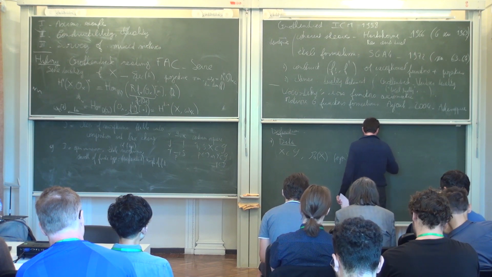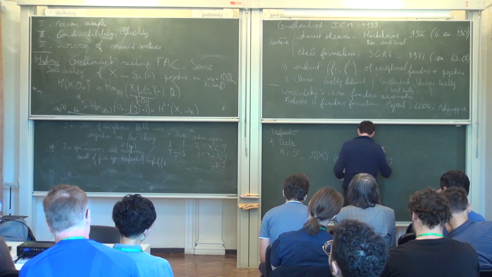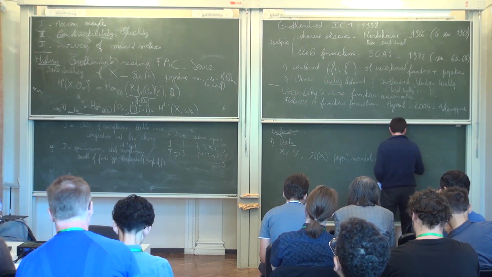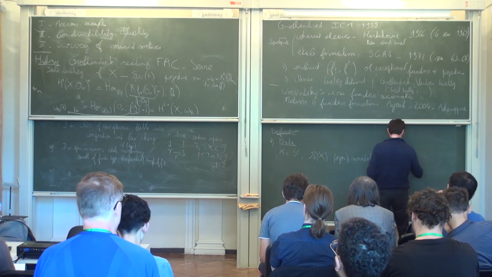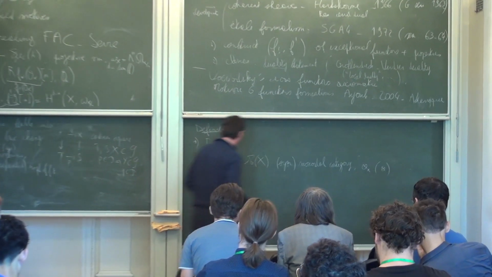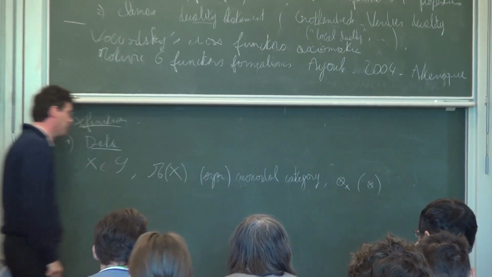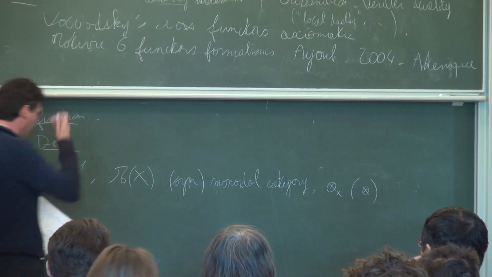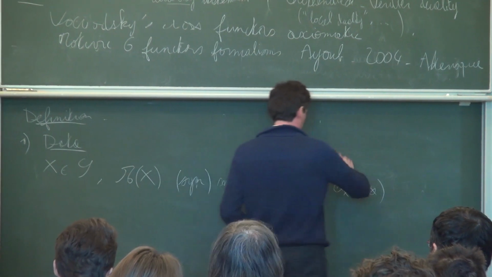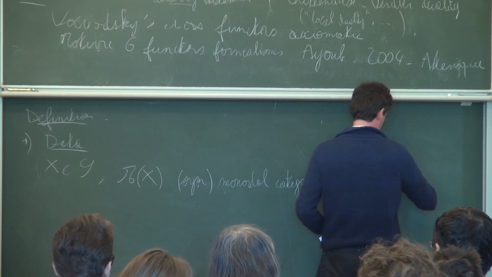The tensor product is denoted tensor X, or sometimes just tensor. In the homotopical case, it's usually denoted by smash, but it's the same thing. And there's also a unit object, like that.